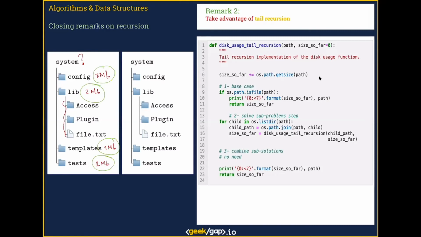And then once you have them, you combine them to find the solution of the bigger problem, which is this guy here. But you can convert that into a tail recursion problem, such that you don't need to store each of these individually before actually solving the bigger one.